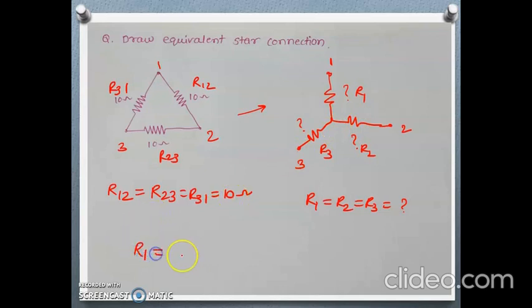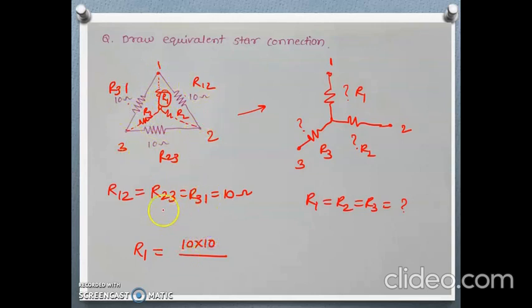R1 is here, so drawing dotted, this is R1, this is R2 and this is R3. For R1, the product of these two connected at 1, so 10 into 10 divided by the sum of all.